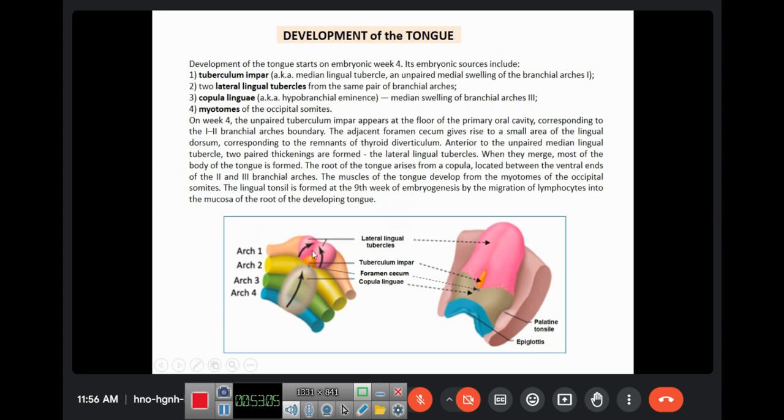They merge, fuse together, and grow forward to form the dorsum and the tip of the tongue. The muscles develop from the myotomes of the somites, and also the lymphocytes migrate here to form the lingual tonsil.